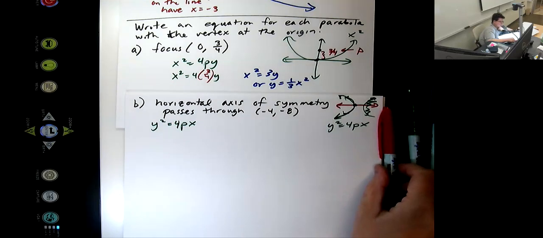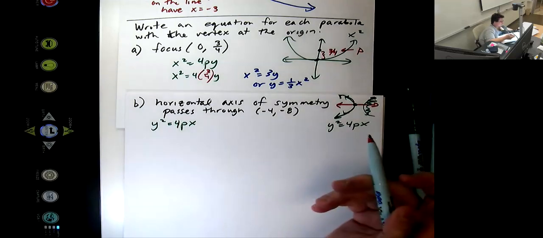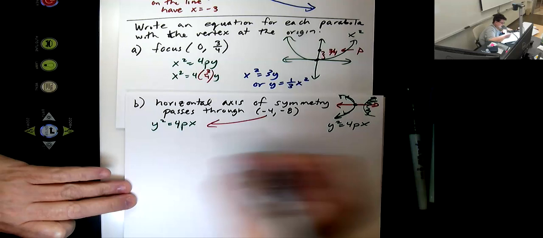And now we gotta use our other information. They didn't give us p. But they did give us an x value that's on the line. That value is on the line, let's plug it in.